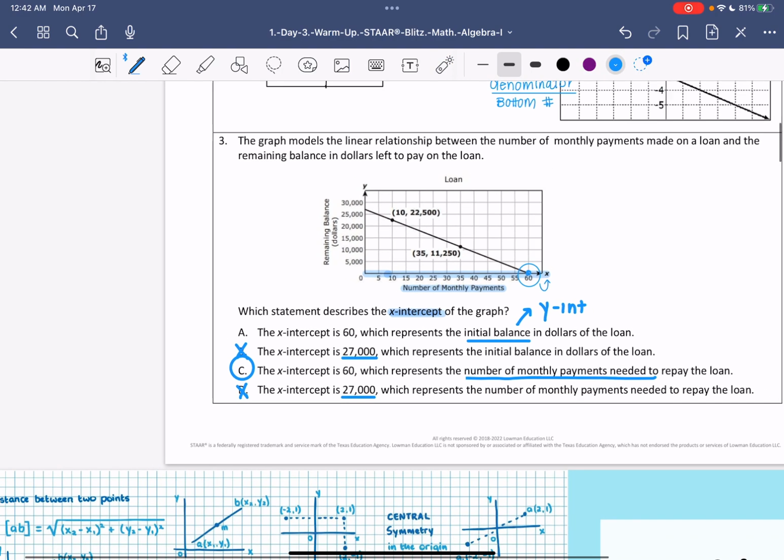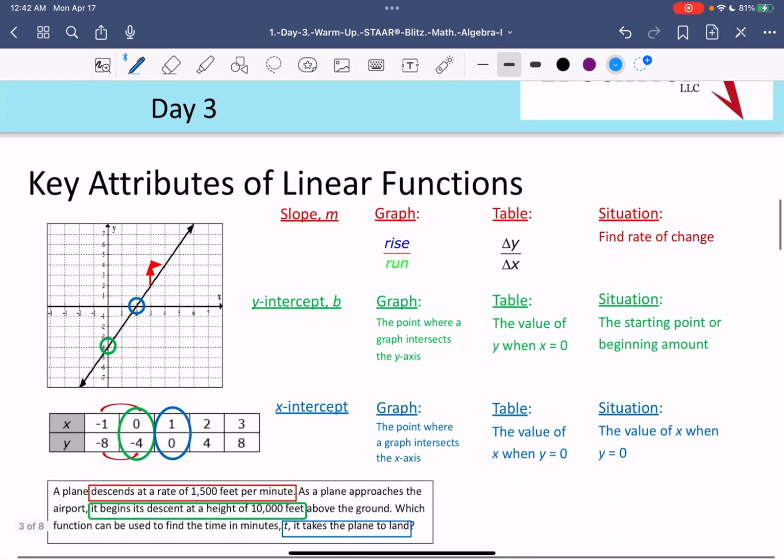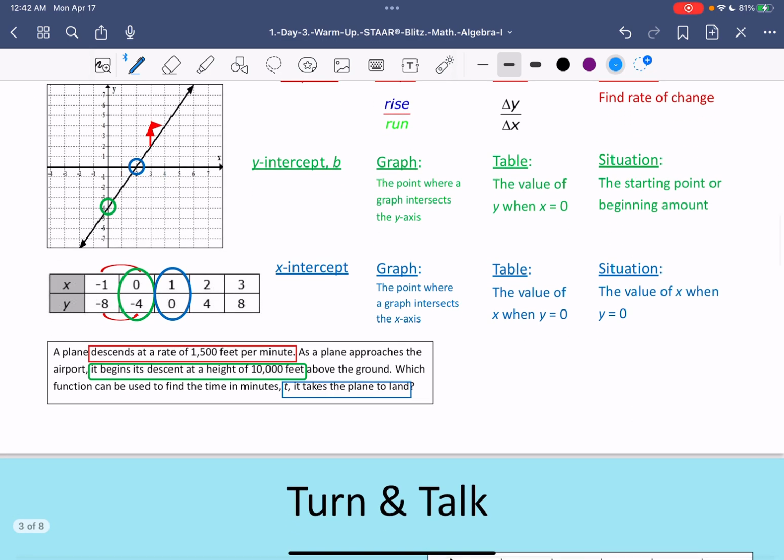All right. Okay, so I'm not going to go through a lot of this because we should know what slope is, what y-intercept is, what an x-intercept is. The one thing I will remind us is that an x-intercept is when the y value equals 0. So if I wanted to find the x-intercept, I could plug in 0 for y.